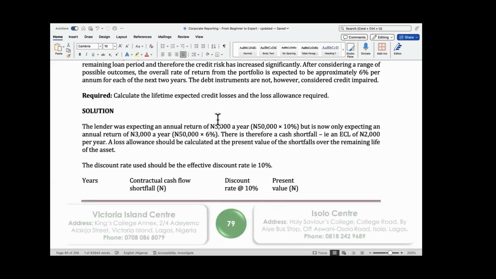So that means in calculating this contractual cash flow shortfall, from year 3 we will start, not that we'll revise year 1 and year 2. This lifetime ECL will now be based on year 3 going forward. Yes, it will start from year 3.